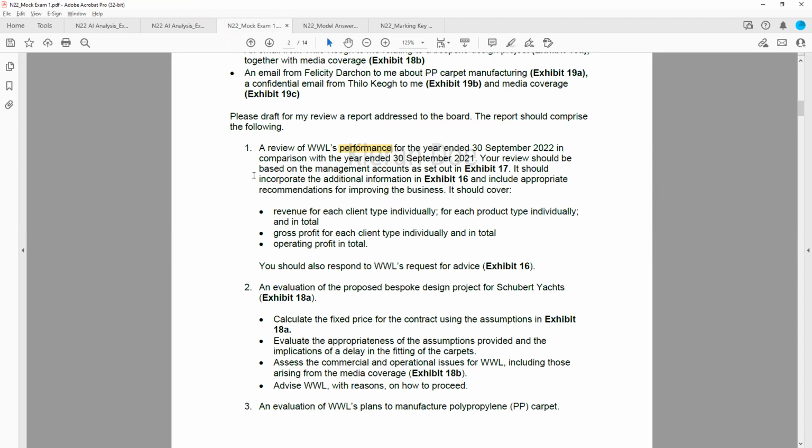So actually a requirement that you've done several times before, really. SBM, CR, BST all require performance and position analysis of a business. So you'll be quite used to this type of question, and it's probably the one that students feel most comfortable doing, analysis of historic performance. As I've said, you've done it many times in other exams.